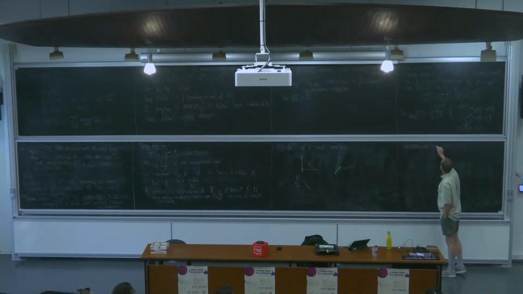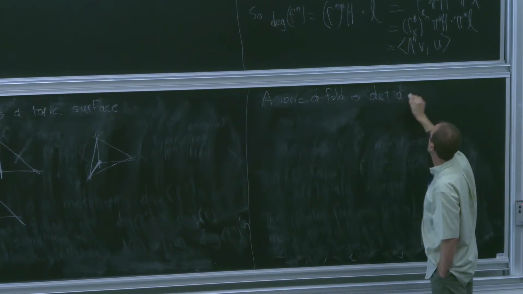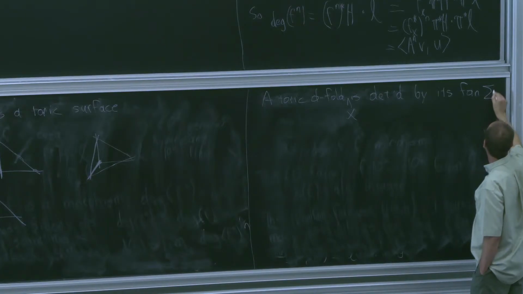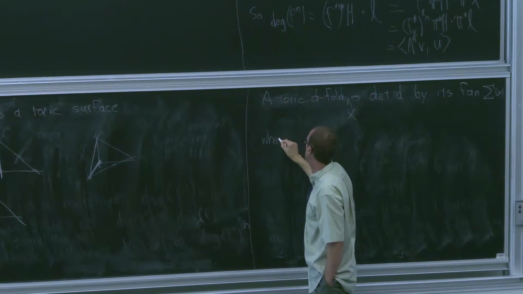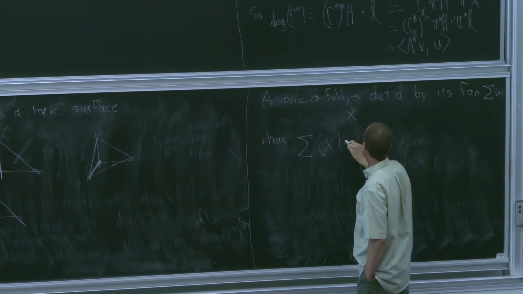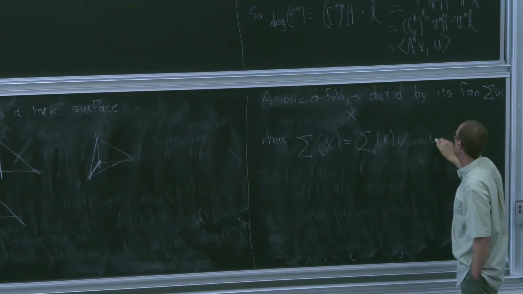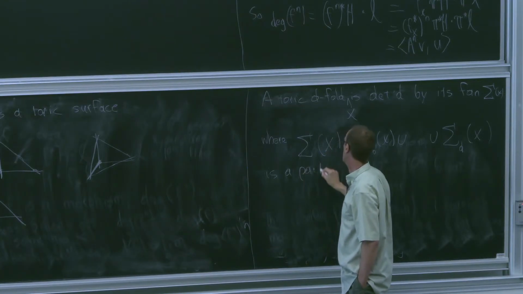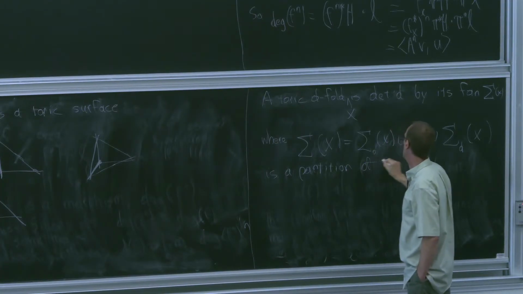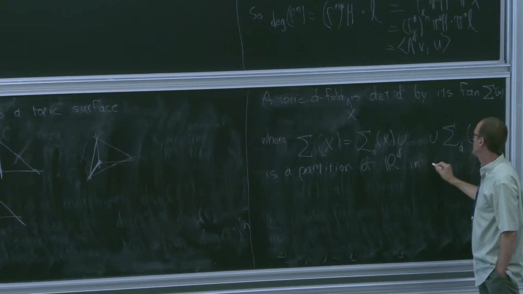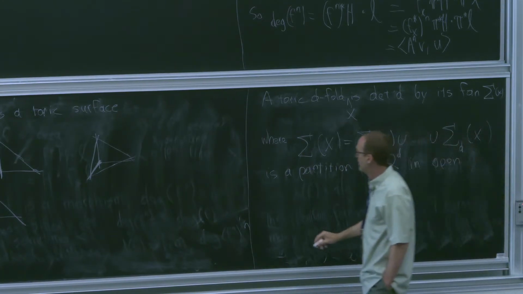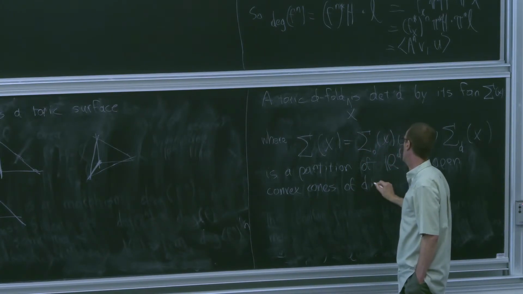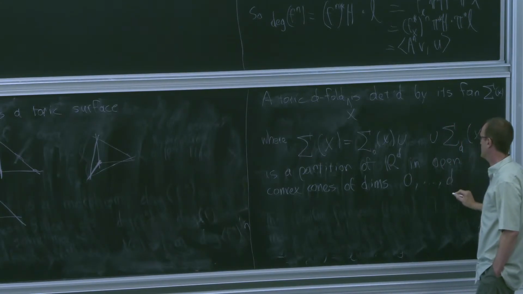A toric d-fold, let's call the d-fold X, is determined by its fan sigma of X, where sigma of X is a partition of R^d into open or relatively open convex cones of dimensions 0 through d.